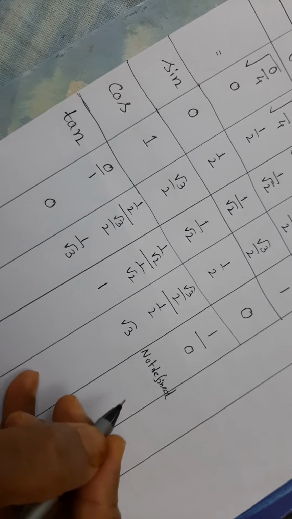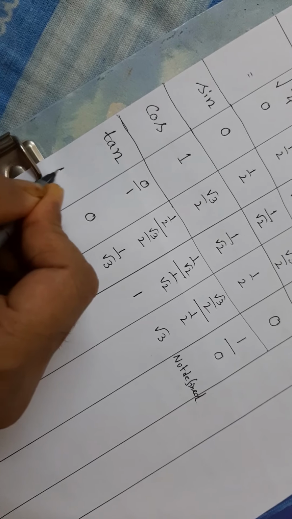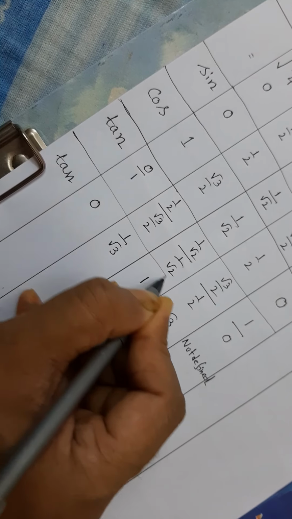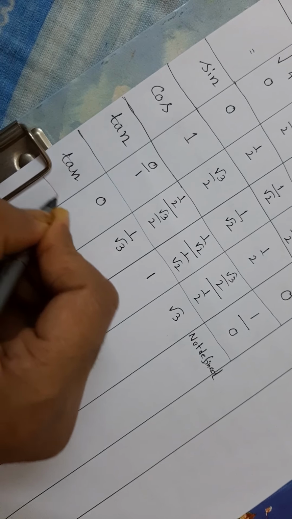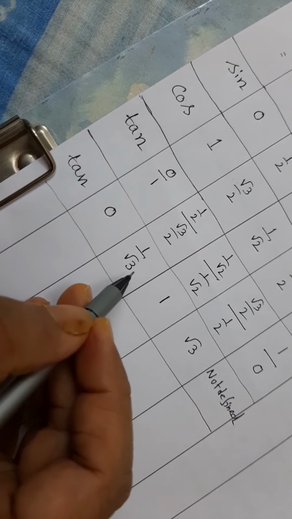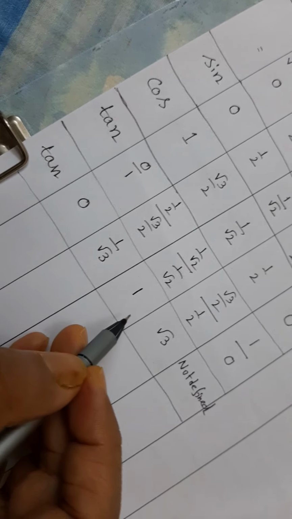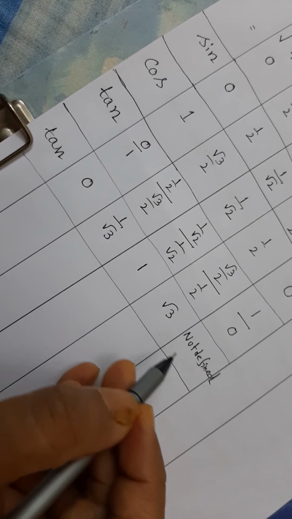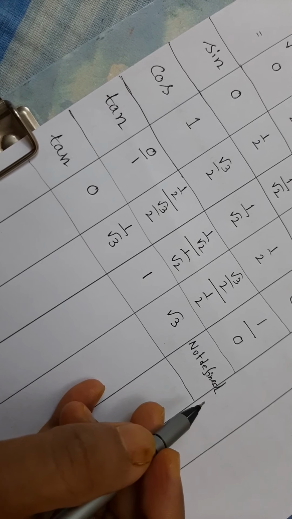Something by 0 is not defined. So tan 0 degree equal to 0, tan 30 degree 1 by root 3, tan 45 1, tan 60 degree root 3, and tan 90 degree not defined, that is infinity.